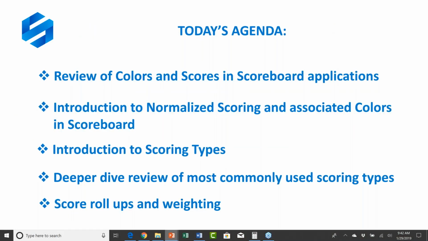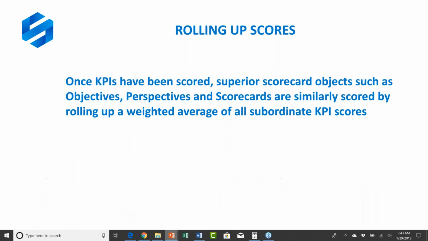Okay, so the next topic that we'll talk about here is score rollups and weighting, and also some administrative controls that you have over scores and how they're treated and how they work within Scoreboard.